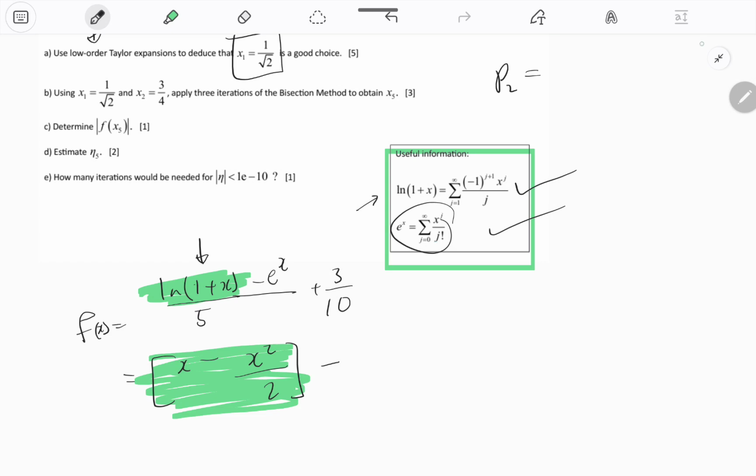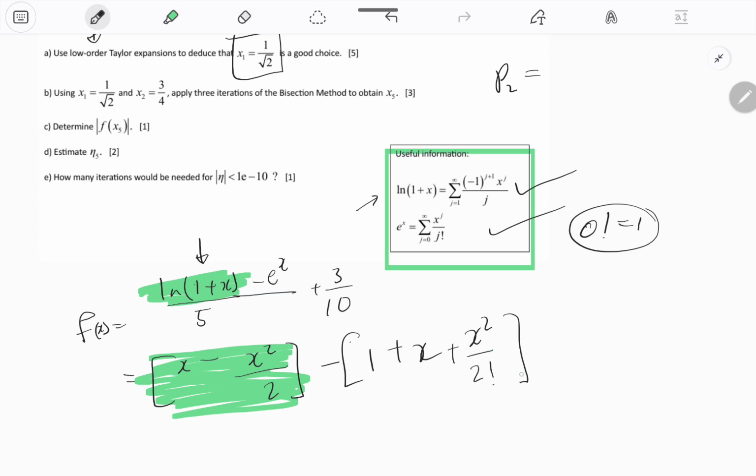My mistake there: here j is starting at 0, so we'll have 0 there, which becomes 1, and 0 factorial is also 1. That's a funny one, but yes, it is. Then 0 there will give us just 1. Now if j is equal to 1, it becomes 1 plus x. If it's equal to 2, it becomes x squared all over 2 factorial. There was 1 factorial here, so 2 factorial is the same as 2, isn't it?